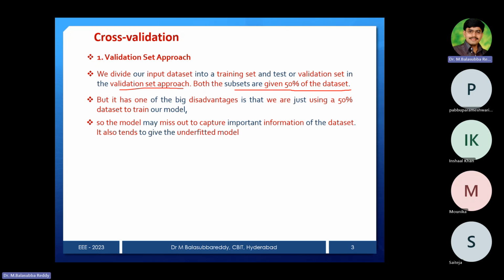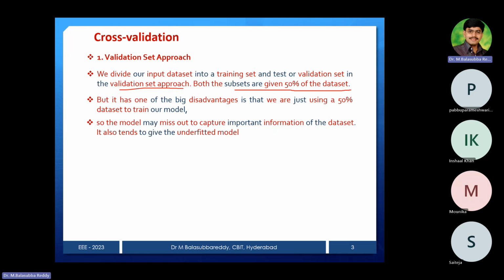This is the problem normally, because if you train on only 50% of the data, there may be more insights available in the rest of the data. In machine learning, if you do not train the model properly, the model may not predict accurately, because it missed some insights of the data set.